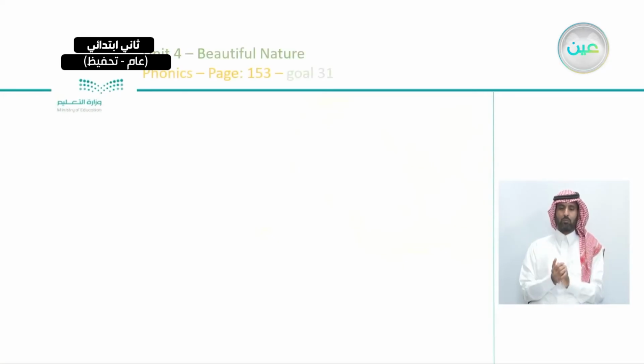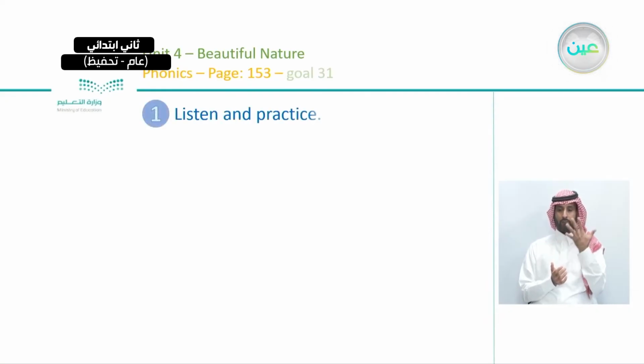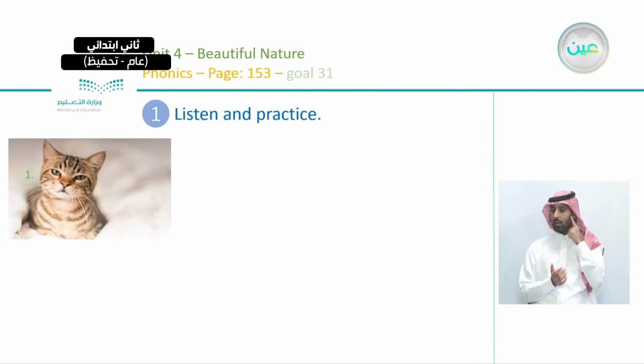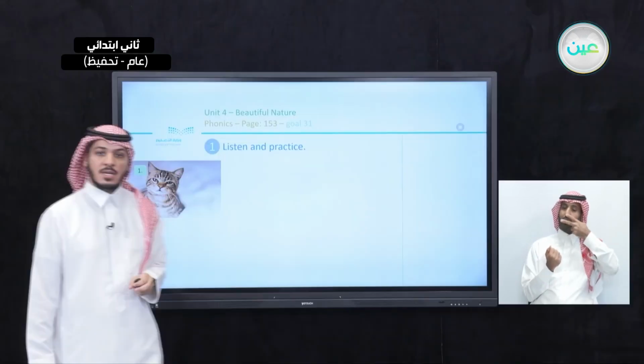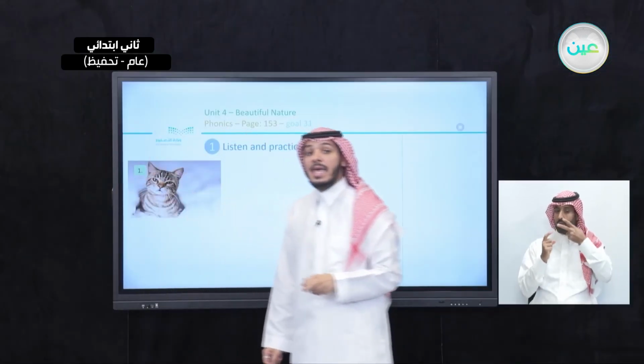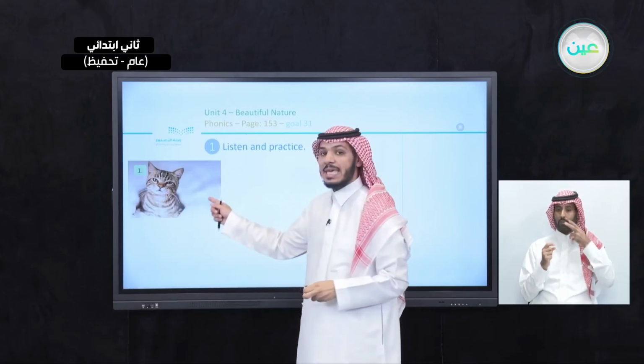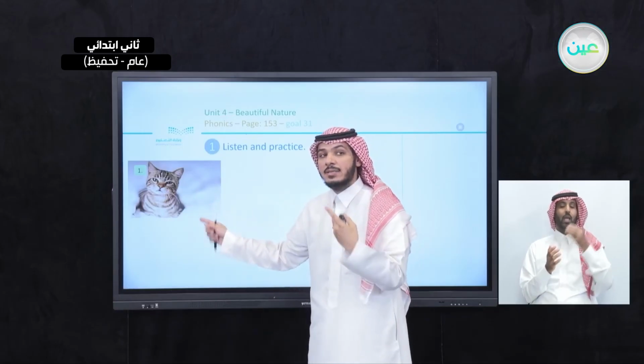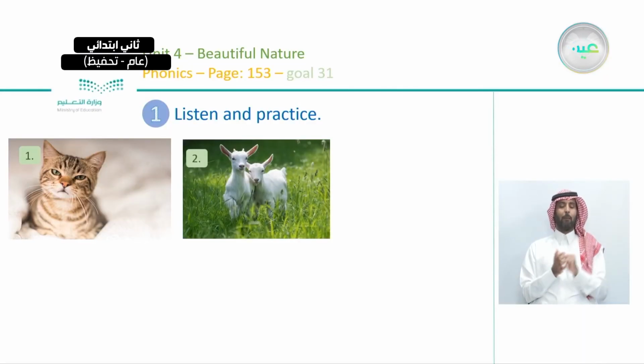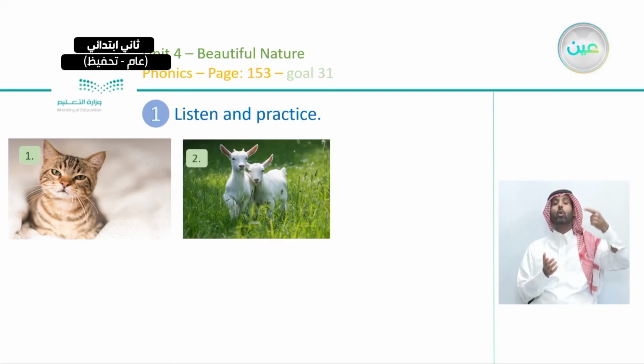Okay. Now on page 153. Number 1, listen and practice. So we have this. What is this? This is cat. Excellent. So number 1 is what? Cat. Say it with me. Cat. Okay. Number 2, what is this?